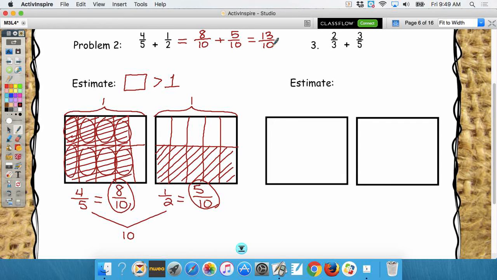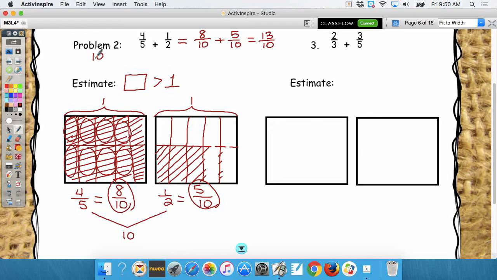So put your markers down. Okay. So how many do I need to take from the right and put in the left? 2. When I do that, I have how many tenths in this one? 10 tenths.